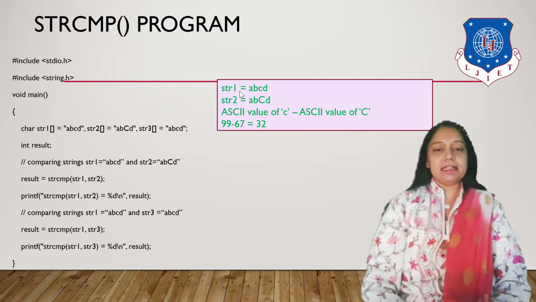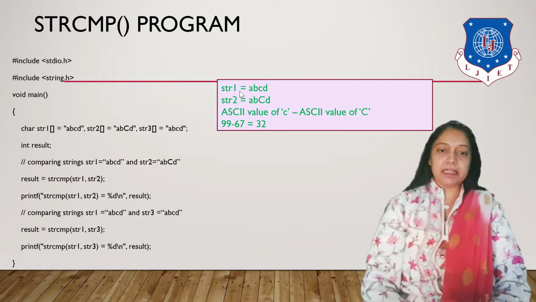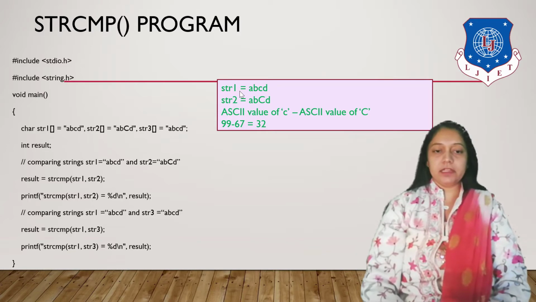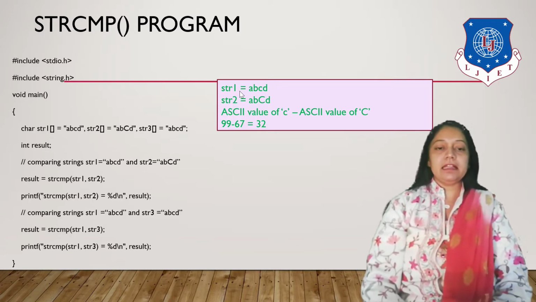Similarly, let's take another example. In string 1, I have abcd. In string 3, I have abcd, all in small letters. When I compare string 1 and string 3, all the characters are exactly equal. All are in small letters and the characters are also the same. So in that case, the result value I'll get is 0.